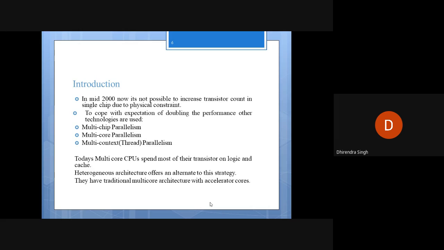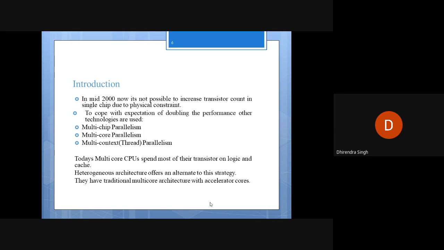So they have multiple cores present inside a single chip. So what was the advantage of that? Compared to multi-chip, the multi-core were able to share the resources present on the chip, like cache memories. So the communication between those processors gets faster.